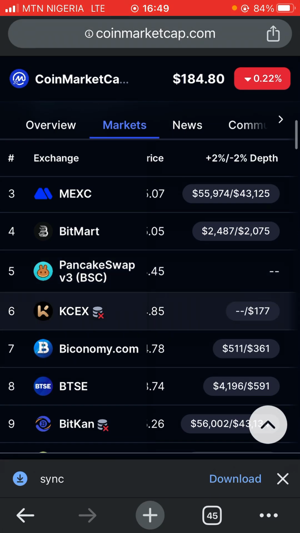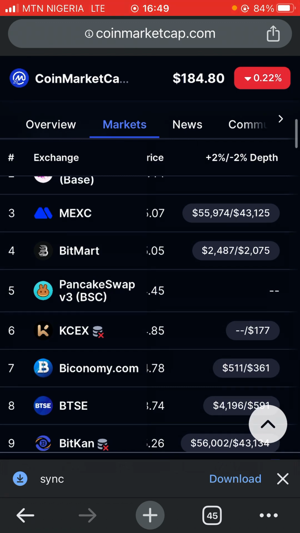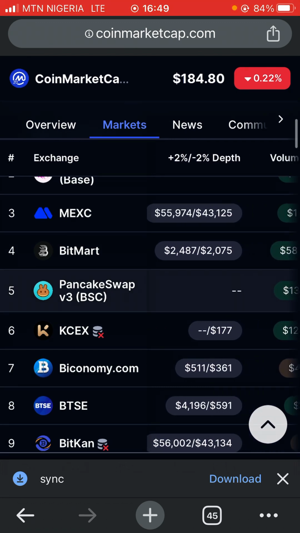Now look at where you should be taking your eyes, which is this place. They have the plus 2% depth and minus 2% depth. It simply means the buy side liquidity and the sell side liquidity. If you are into forex trading, you know about liquidity concepts. So that's what this plus 2, minus 2 is all about. And when it comes to arbitrage, our aim is also to buy low and sell high, so we're also going to apply the concept of liquidity.